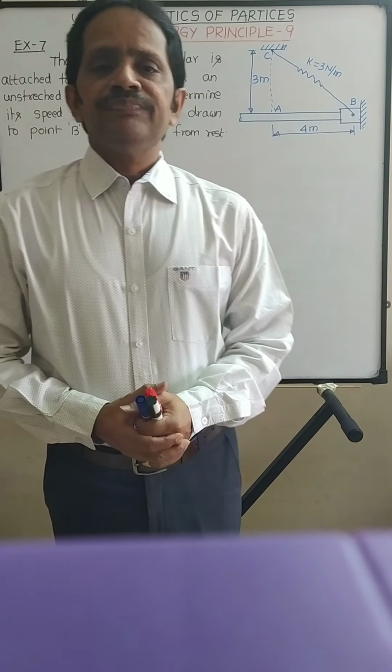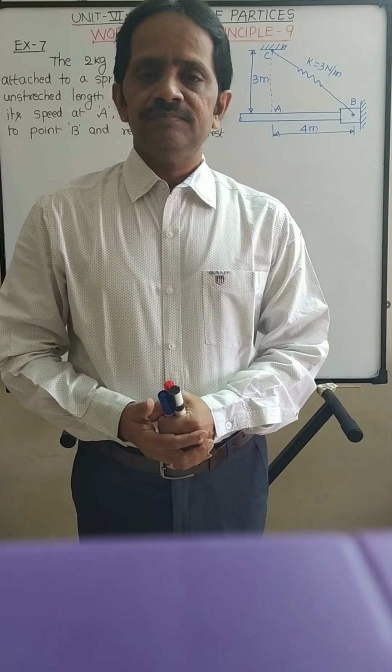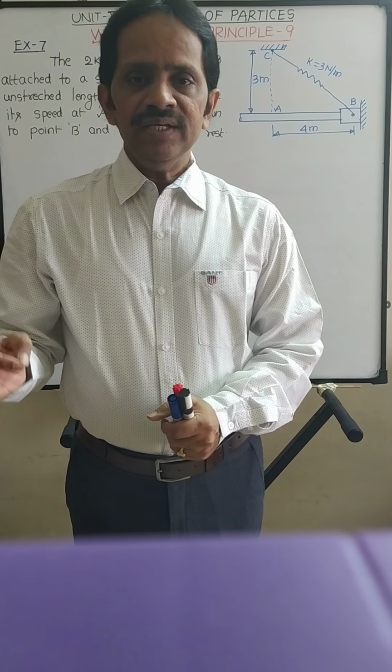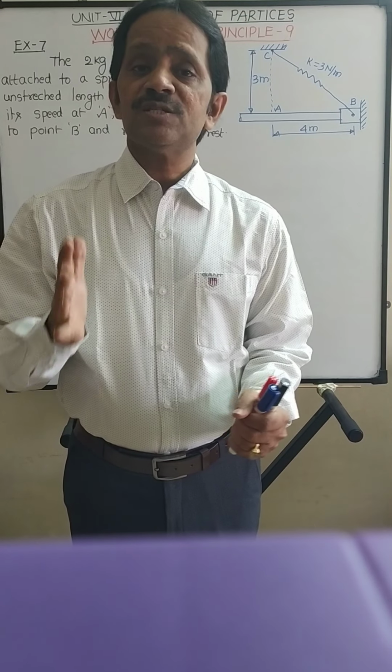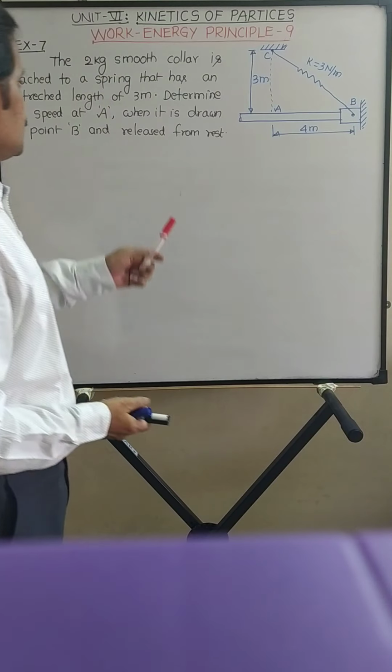Hello students, in this video we are going to solve one numerical example based on the work energy principle involving springs. So here we are going to calculate the work done by spring force also, right? Read the statement.